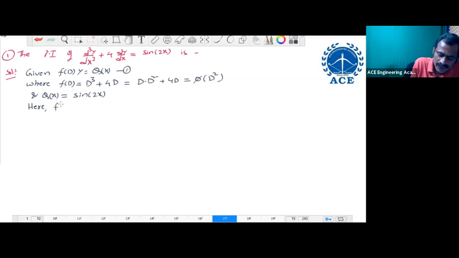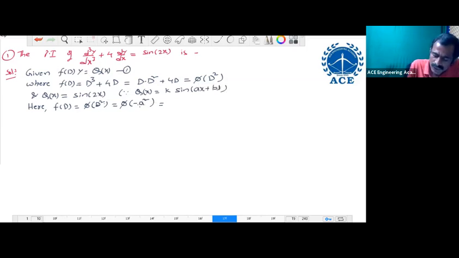So first we check f of D equal to phi of D square, and we replace D square with minus a square. Comparing the given function with the general function Q of x equal to k into sine of ax plus b, a equals 2 only.